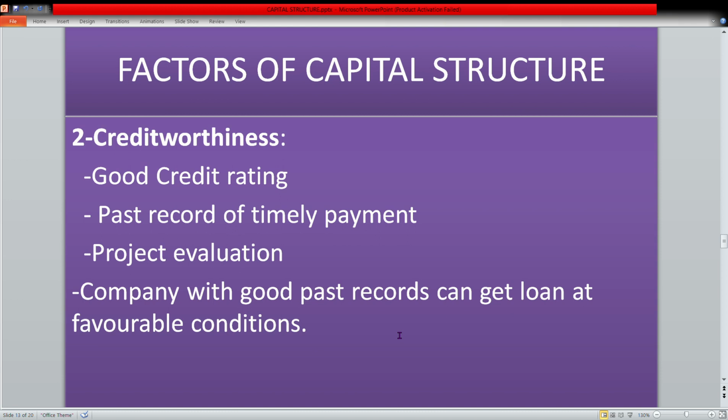Similarly, the bank always sees the project evaluation criteria, which is important for extending the loan. So good credit rating, past record of timely payment, project evaluation are very important for designing the capital structure, right?